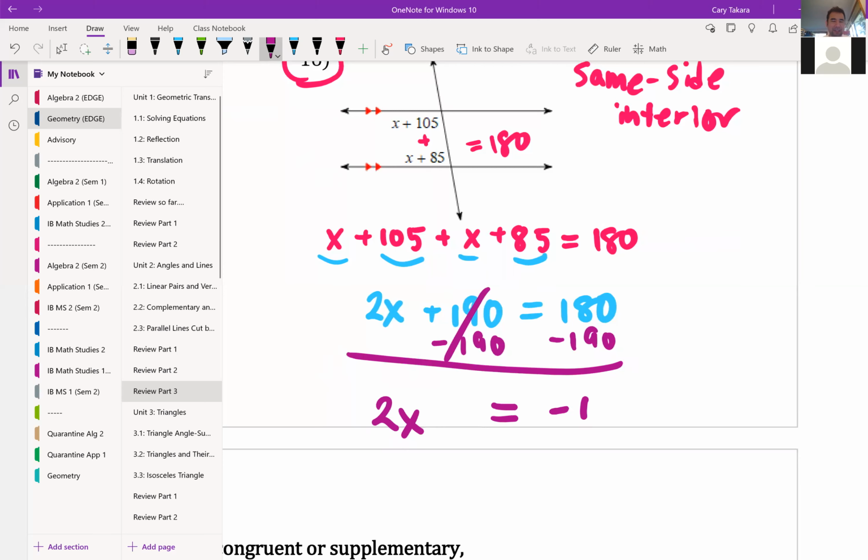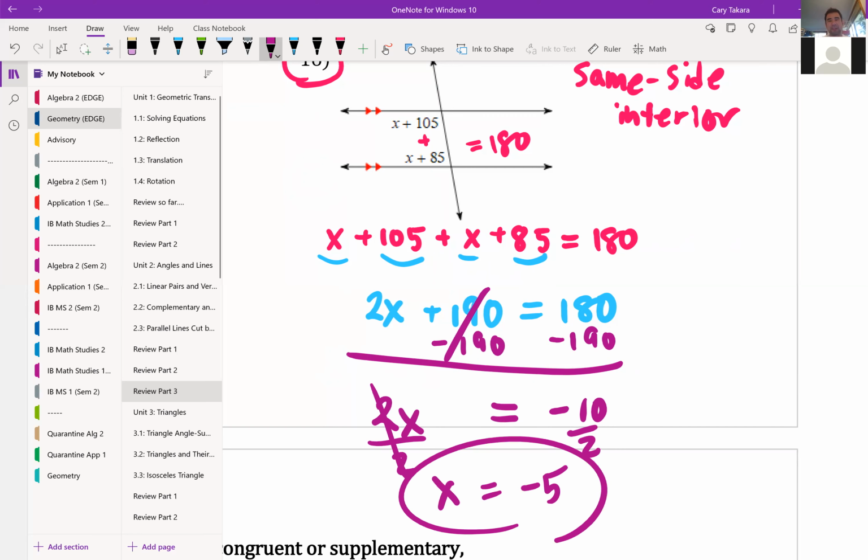It's negative 10. And then you're going to divide by 2. So x equals negative 5. It doesn't mean that it's going to be a negative angle, but x is negative 5.